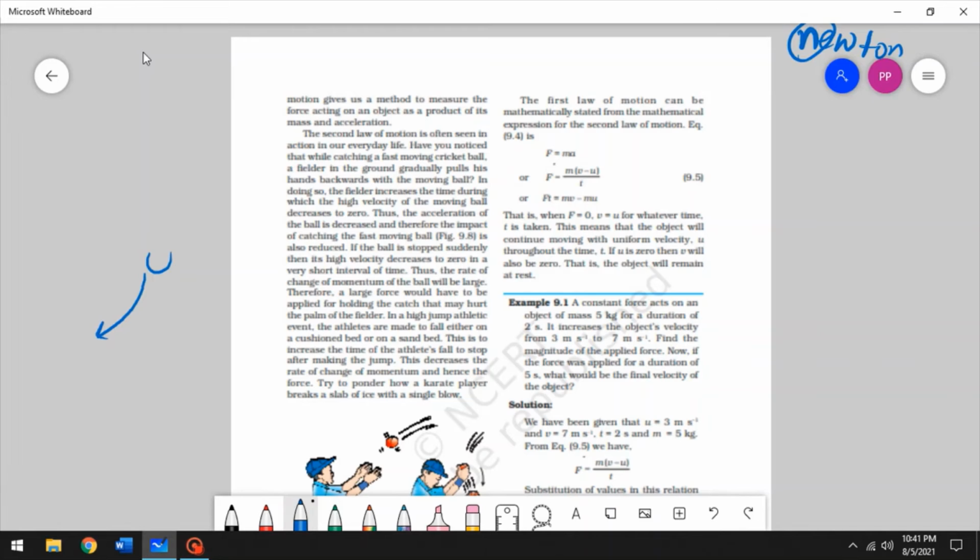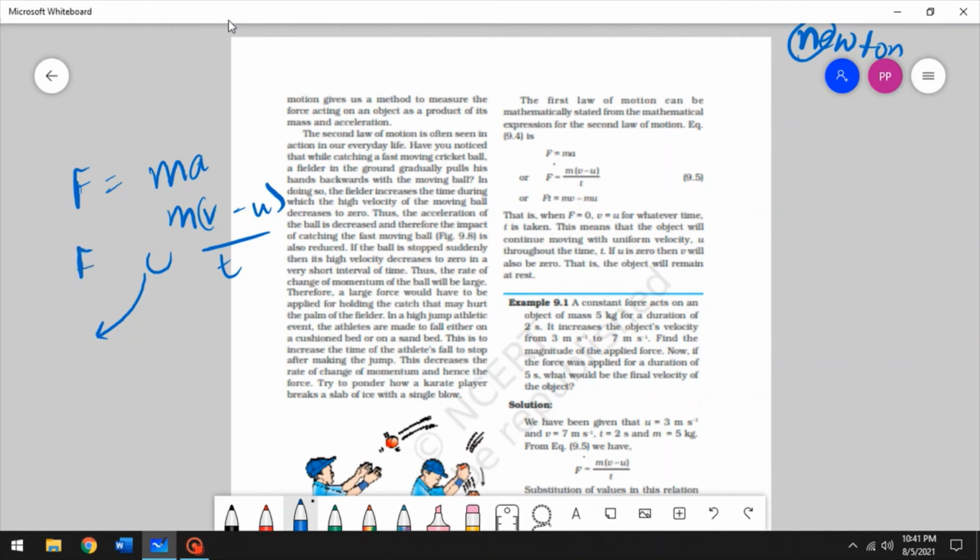I'm talking about when you're casually passing from one fielder to another. That's how they take it, right? Or they pull it to their side, or they just pull it down. Something that will increase the time. So when you increase the time, the force that is being applied, because force is ma and a is (v minus u) by t, so m(v minus u) by t, it is inversely proportional to time.